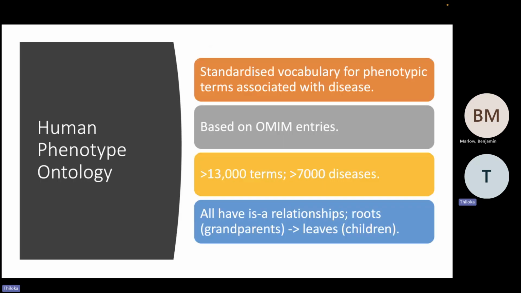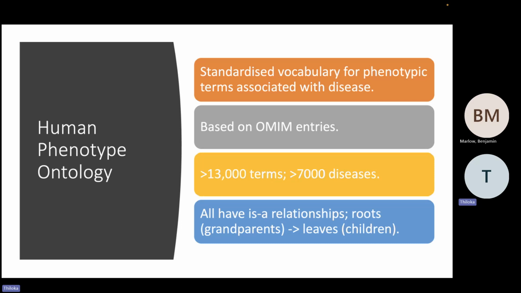So the Human Phenotype Ontology is the HPO that I'll be referring to throughout the talk. It's a standardized vocabulary that's been developed by the Robinson Group in 2008 for primarily rare disease researchers, because it's based on OMIM entries. Currently it supports terminologies for over 7,000 diseases, and as you'll see in the next slide, each term is an "is a" relationship.